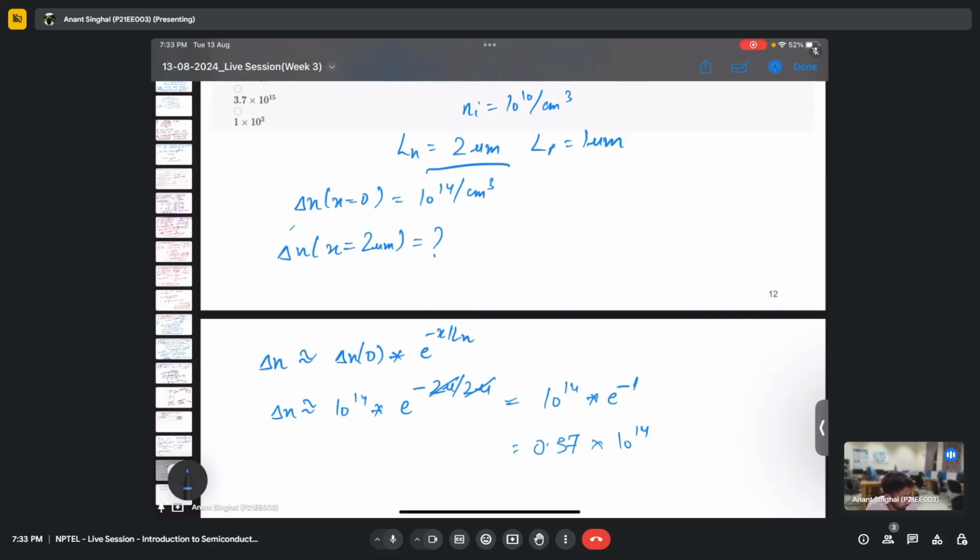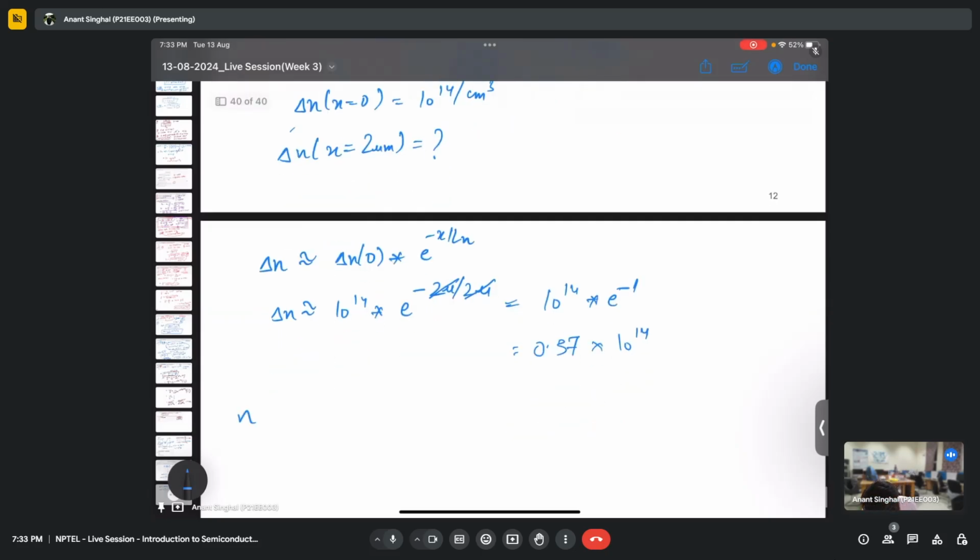And in general, if you go to the correct formula of np, that is in the P type, what is the excess minority carrier concentration? This is given by np0 plus delta n. This np0 is nothing but the equilibrium condition, which is approximately ni square by Na.